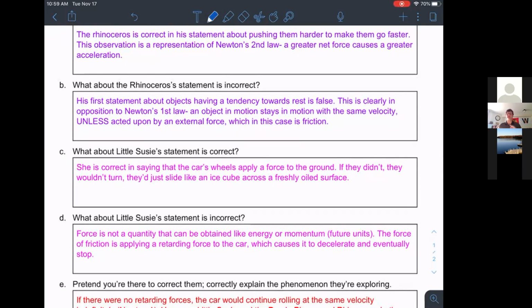There's going to be an external force that is opposite of that car, which is why the car slows down and comes to a stop. So that frictional force is opposing the applied force, which is why it comes to a stop instead of transferring the force.